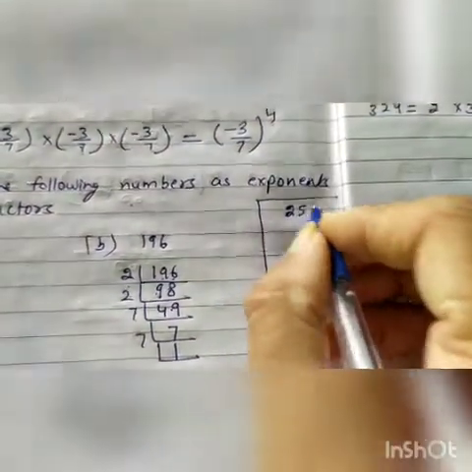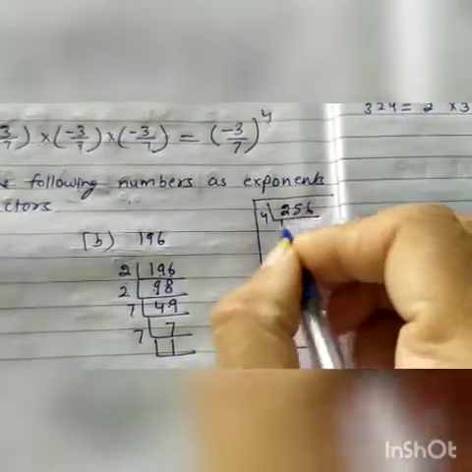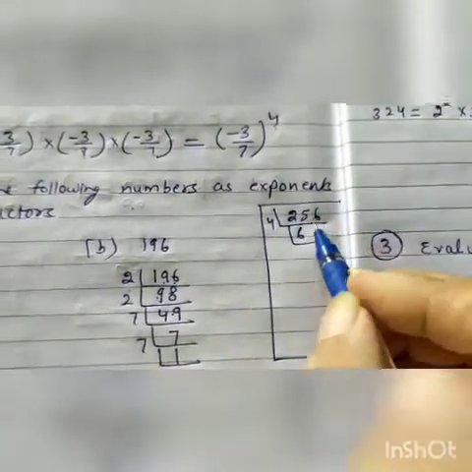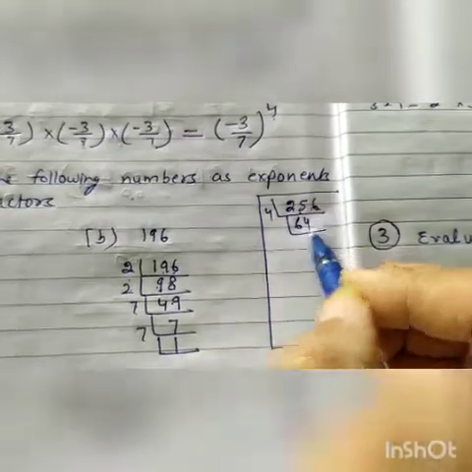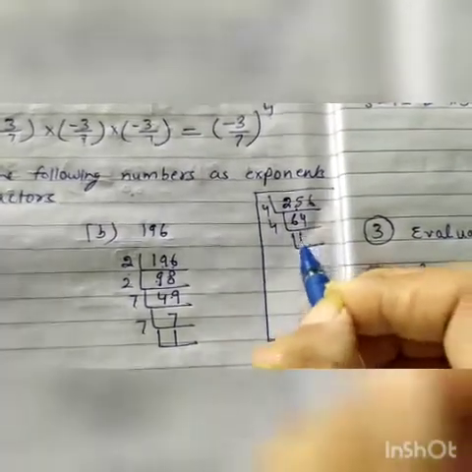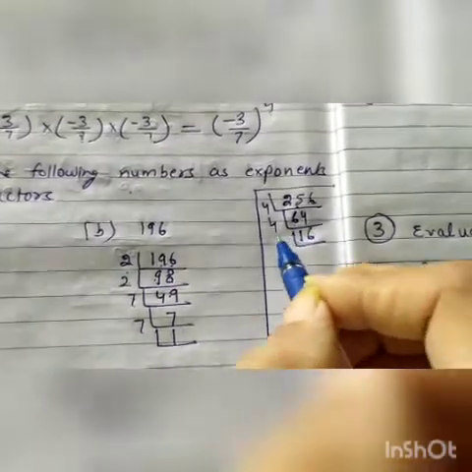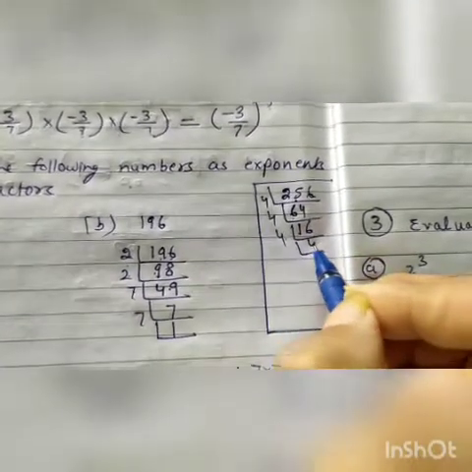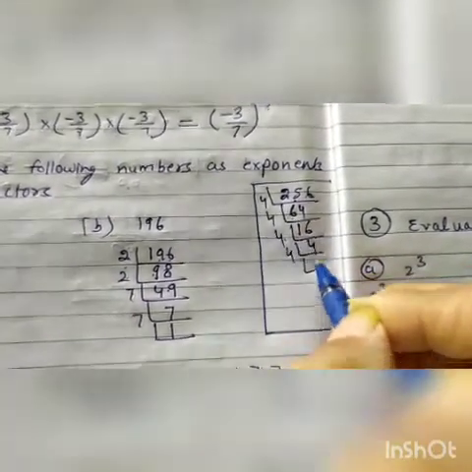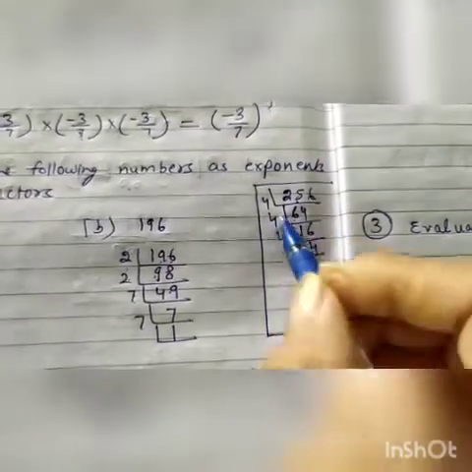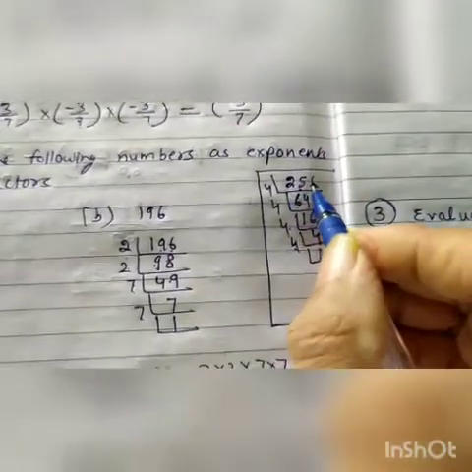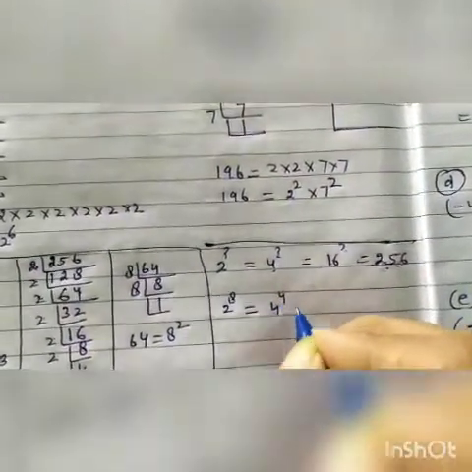If we start 256 by 4, 4 6s are 24, 1 remainder, 16, 4 4s are 16, then by 4, 4 1s are 4, 2 remainder, 24, 4 6s are 24, again by 4, 4 4s are 16, then again by 4, 4 1s are 4. So if we do by 4, then we are getting 4 times 4. So here 4 power 4.